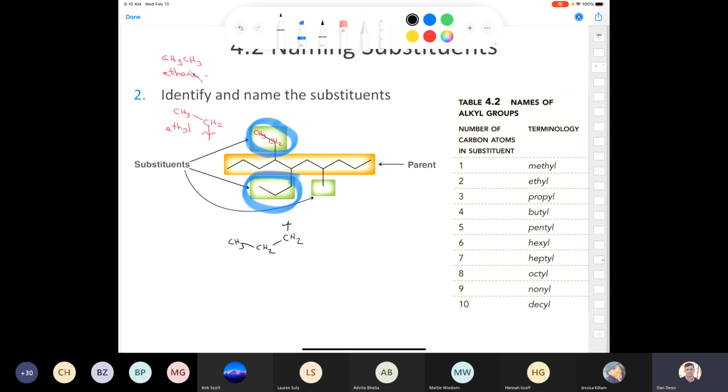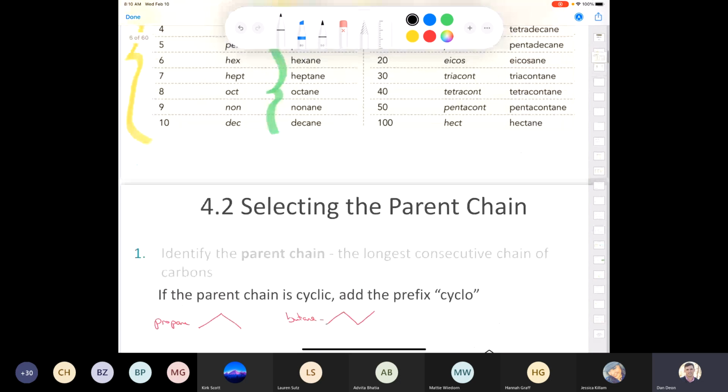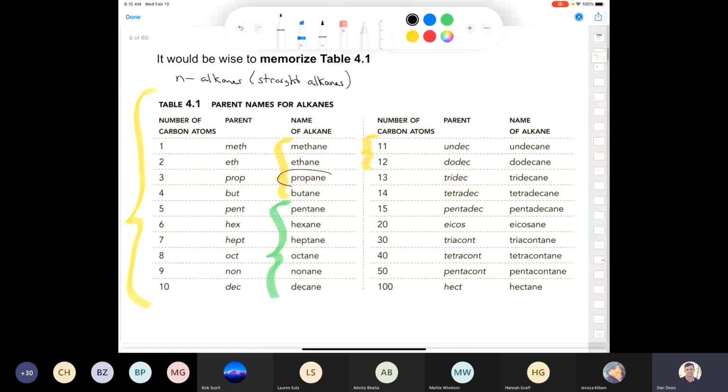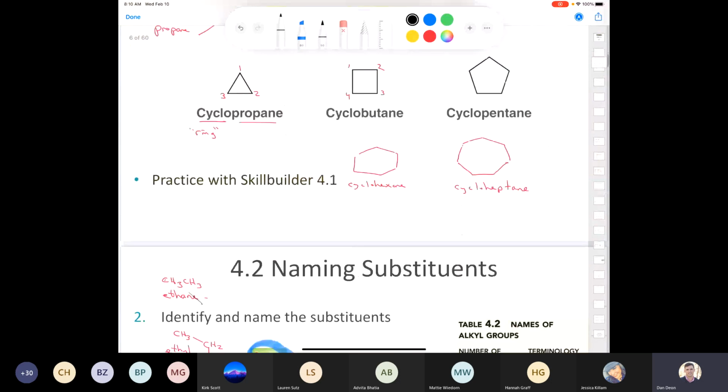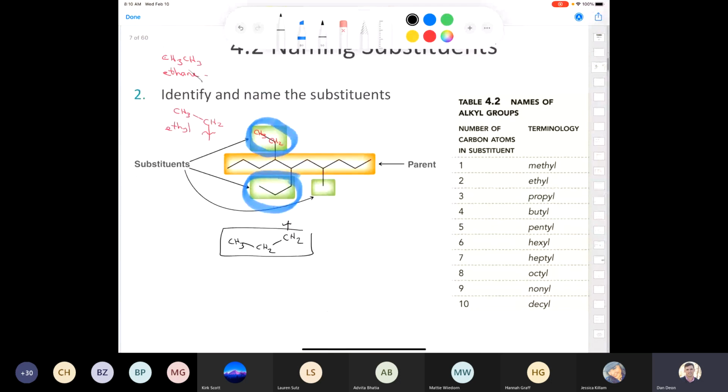Is that propyl? Yeah, it's a propyl, exactly. Because it's got 1, 2, 3 carbons in it. If you have 3 carbons in a hydrocarbon, 3 carbons in a hydrocarbon is propane. So if we remove a hydrogen and make it a substituent, it becomes a propyl. And then over here, we have a methyl, like that.